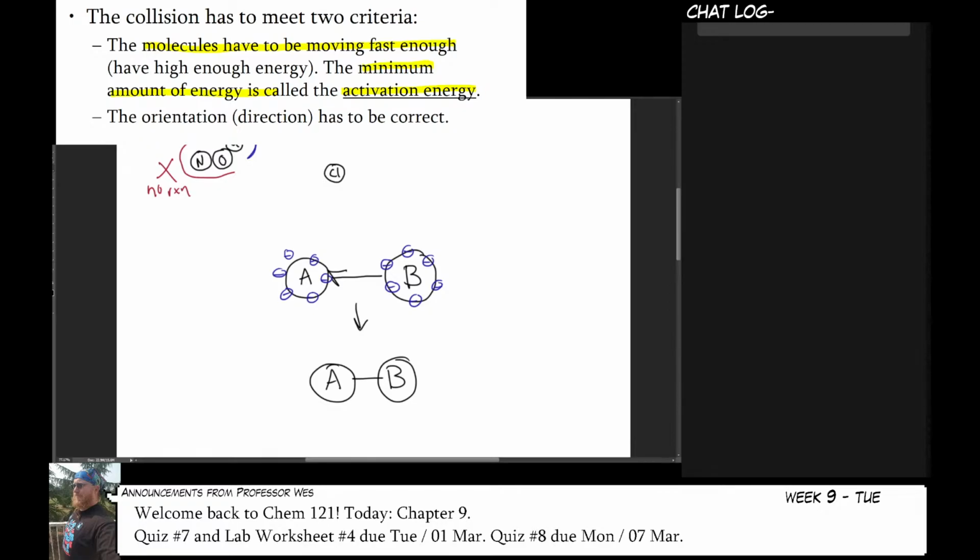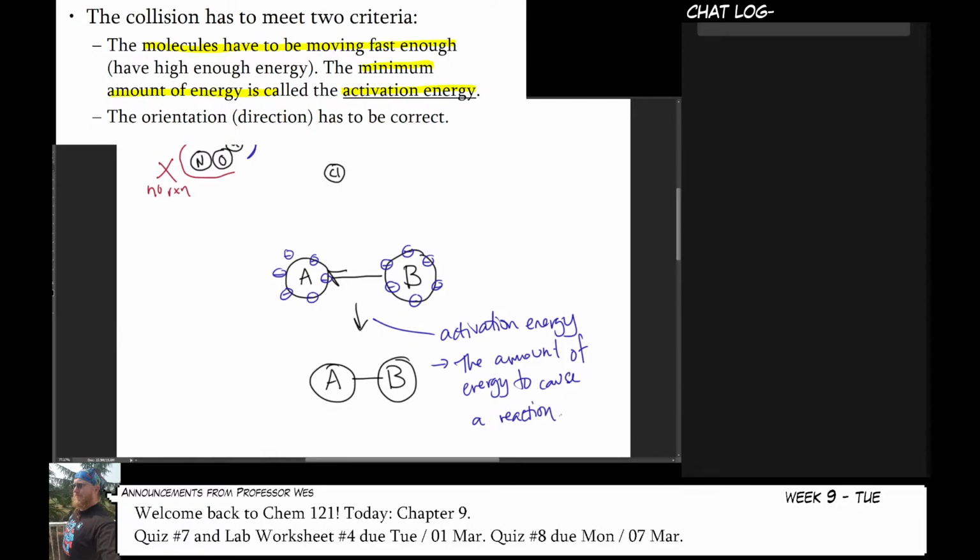So the activation energy is the amount of energy to cause a reaction.